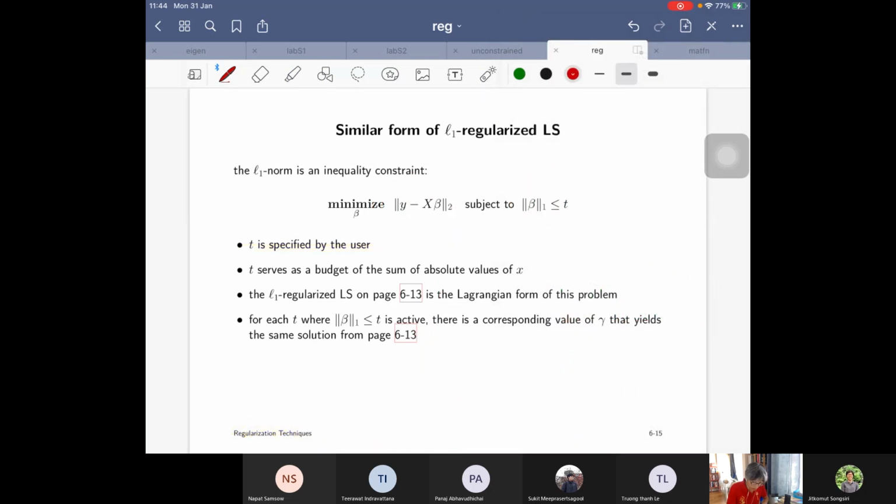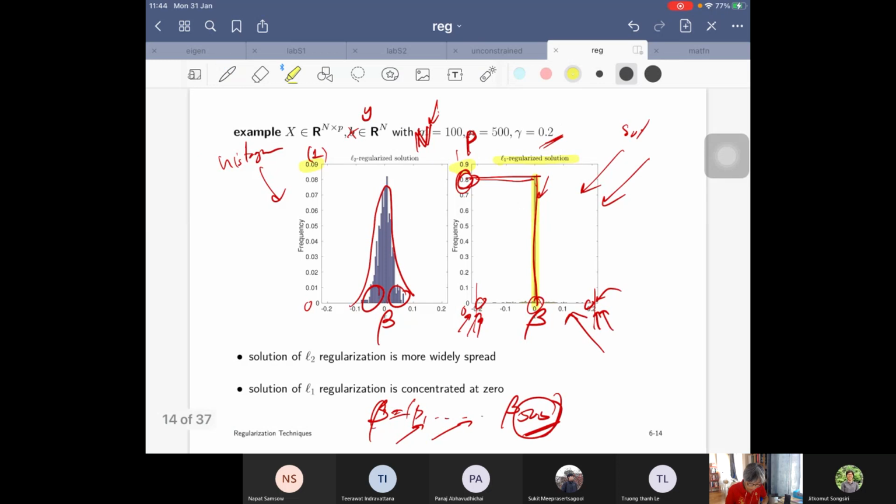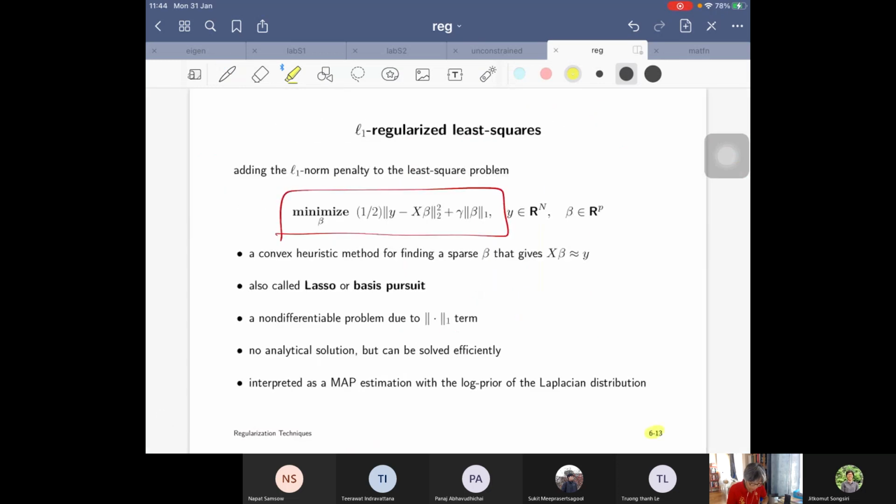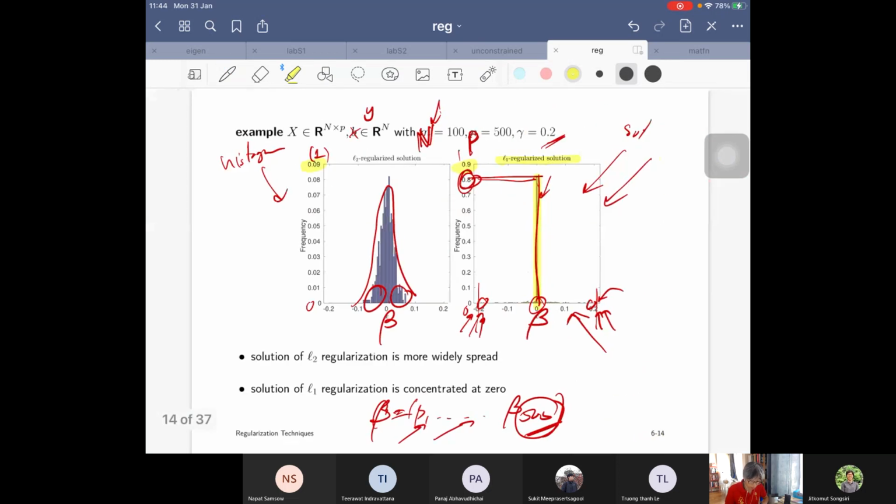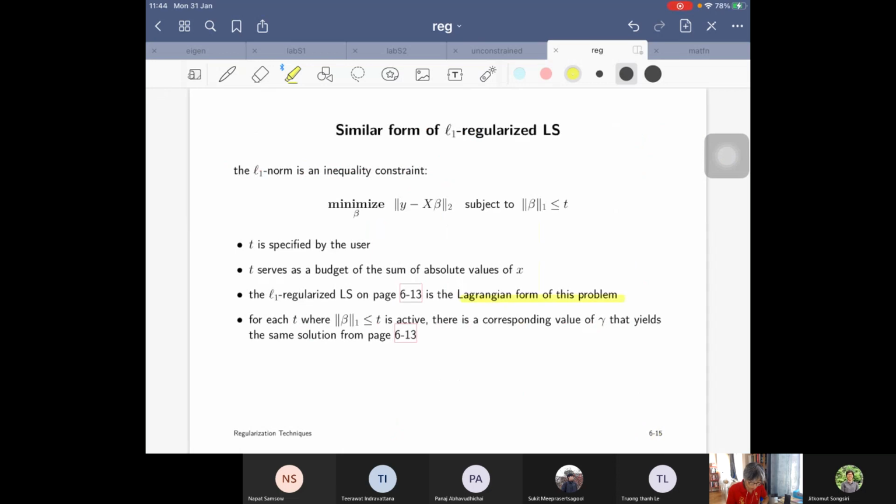So the formulation in this description is called the Lagrangian form of this problem. This is a term in optimization. In terms of numerical methods, solving this form or solving the Lagrangian form would be about the same.